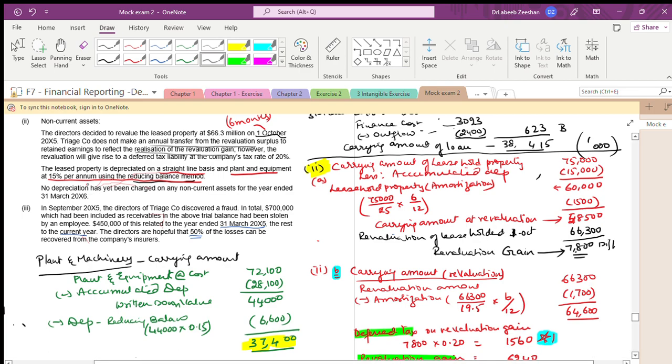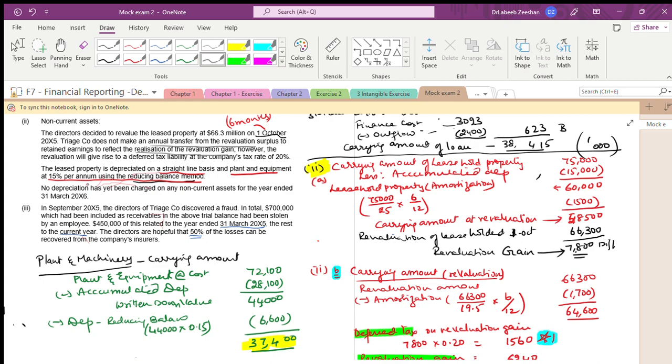They don't make any transfer from the revaluation surplus as such. When they realize it, they will pay tax. When they really achieve that, they will pay tax. That is the concept of deferred tax.